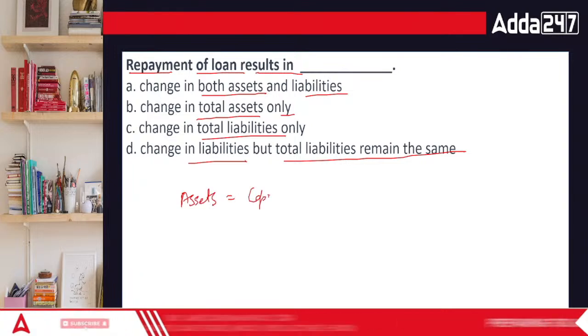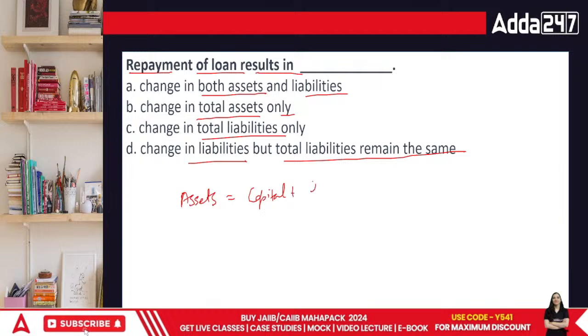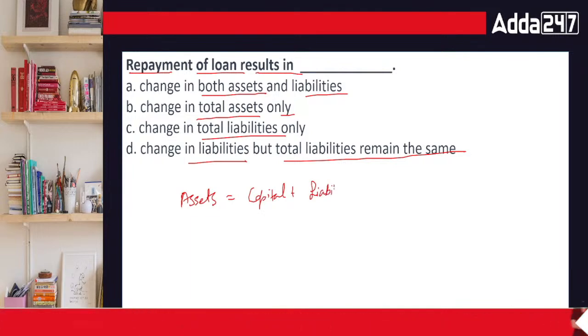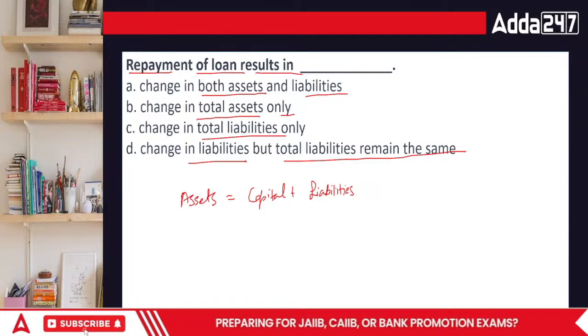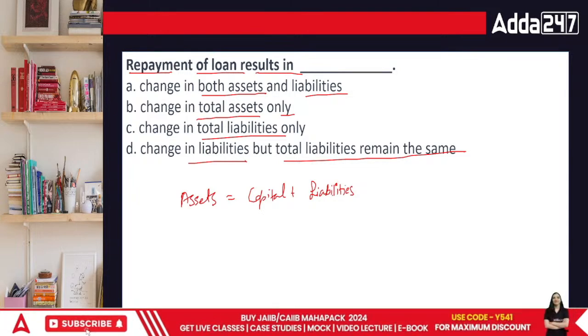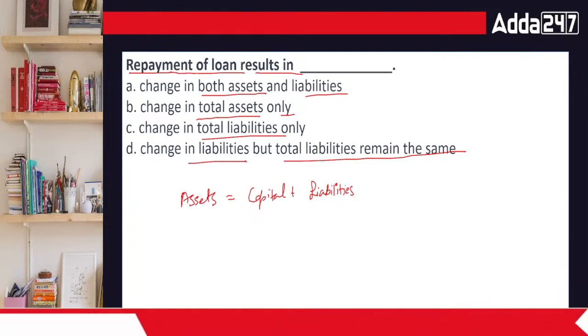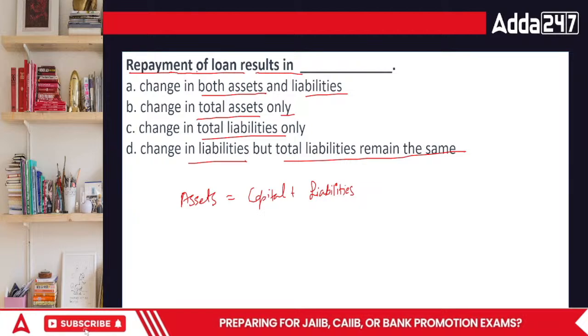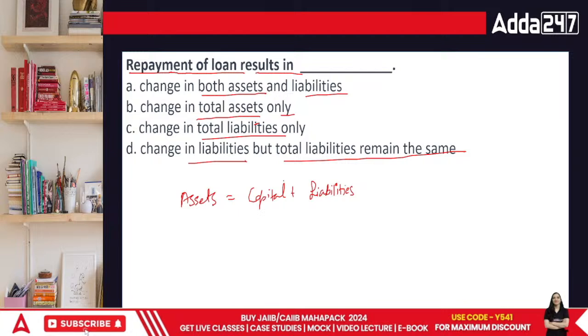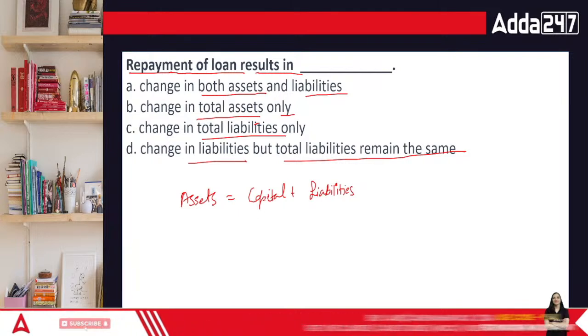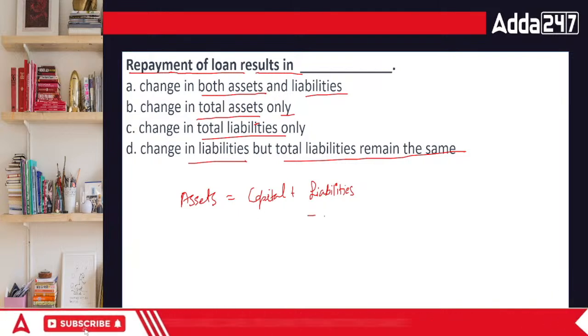That is capital plus liabilities. So if I'm talking about repayment of loan, I repaid the loan. What would happen in this case? If I'm repaying the loan, my liabilities are going down.